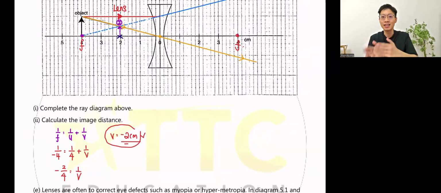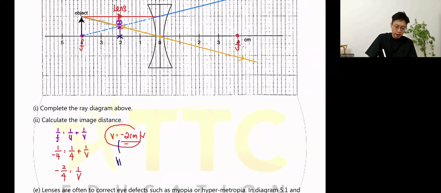My answer can actually prove that the part where I draw my image is correct. So it is actually negative 2 cm. Okay, why negative? Because the whole point of this negative is to prove that it is a virtual image. Okay, so I get the answer. So calculation is just that only.